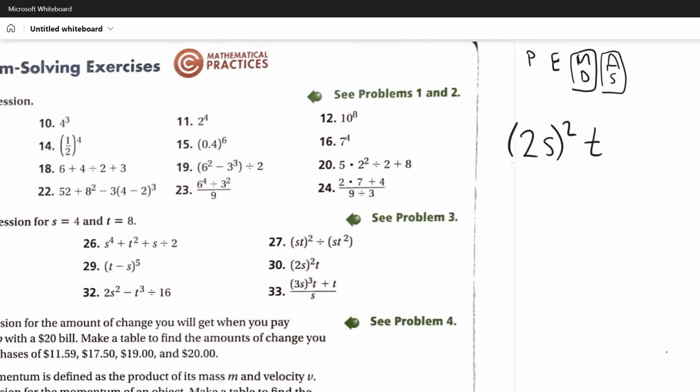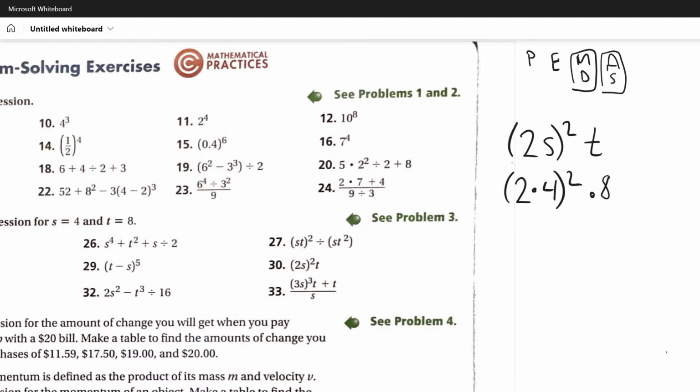Okay. So if I replace s, which it says on the page is 4, so that's 2 times 4 squared times t, and t is supposed to be 8. So I'll put a dot here to represent multiplication and then 8.